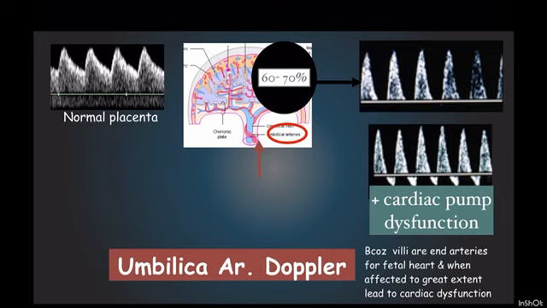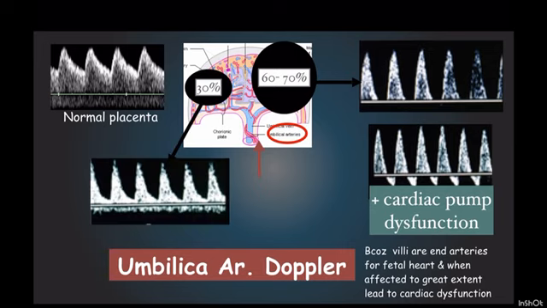Whereas if the placenta is affected, and what I mean by placenta is nothing but the surface area of the villi that is available for gaseous exchange, is destroyed up to more than 30%, then you can see that there is a change in the umbilical artery. You can start to see high resistance flow. When the villar surface area is affected more than 60 to 70%, then you can get absent diastolic flow.